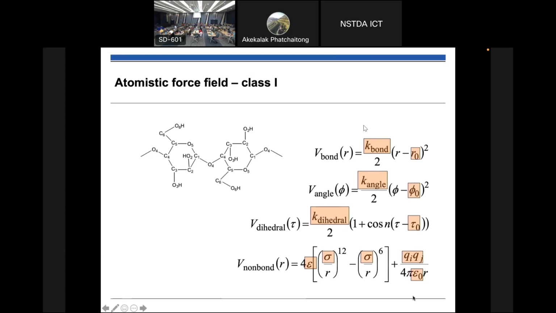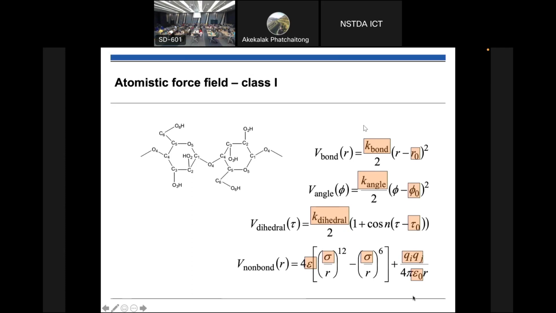Now, the angle. The angle is also vibrating, right? It is stretching and coming back. So again, that is also represented by a spring, you see here. Then you need to know the force constant for the angle, and then you need to know the equilibrium bond angle.